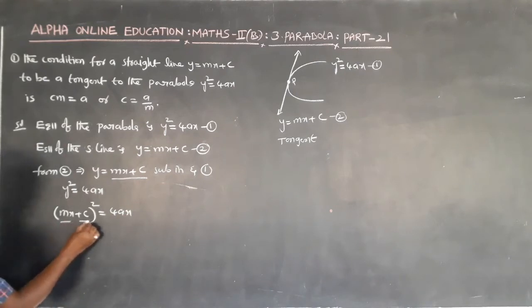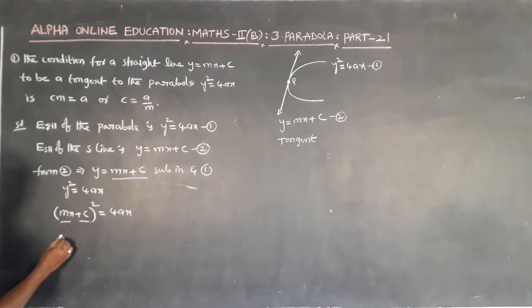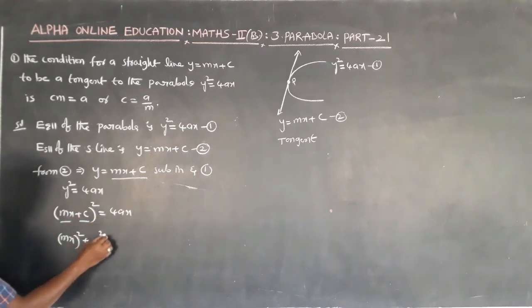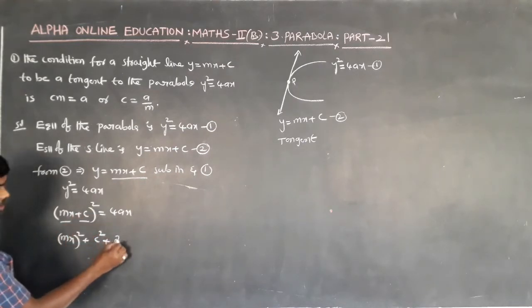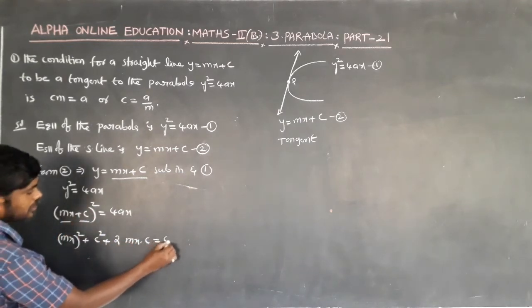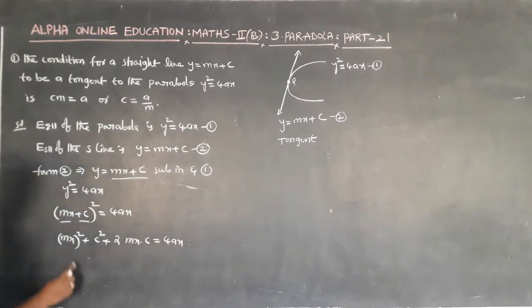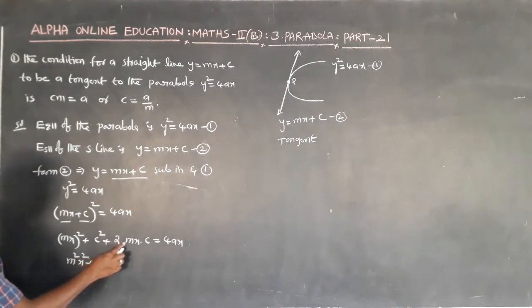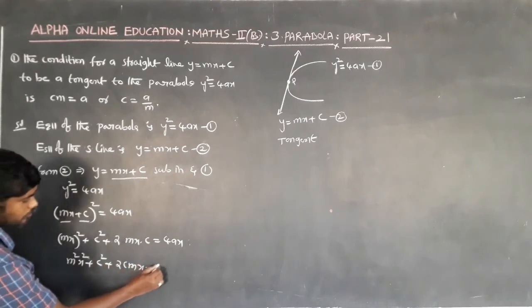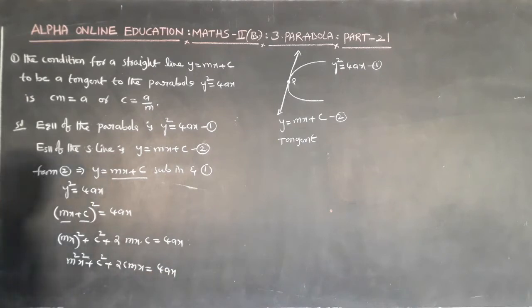By using the (a + b)² formula, this is m²x² + c² + 2mx·c = 4ax, that is, m²x² + c² + 2cmx = 4ax.